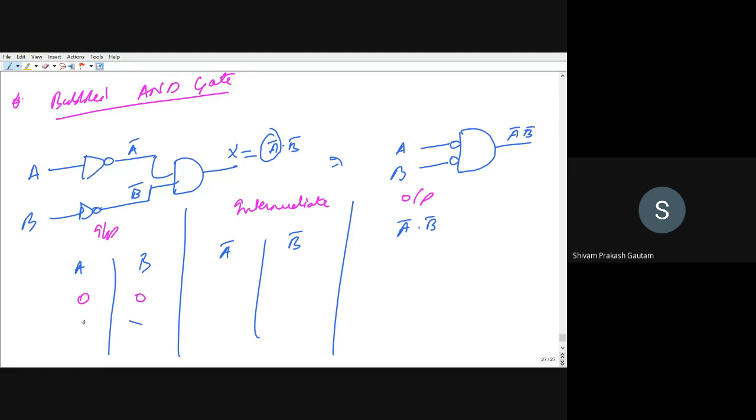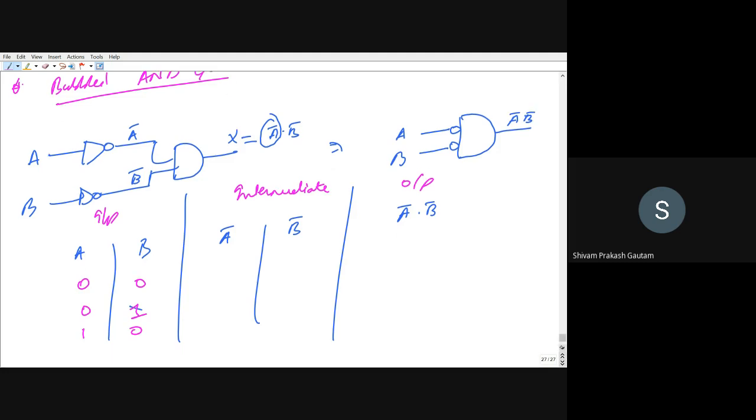Fill in the truth table: 0 0, 0 1, 1 0, and at last 1 1. For 0 0, now fill in A bar and B bar: they will be 1, 1, and then 1, 0, 0, 1, 0, 0. Now you have to multiply A bar and B bar.